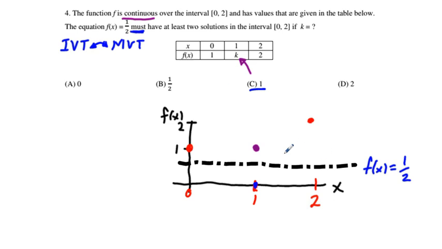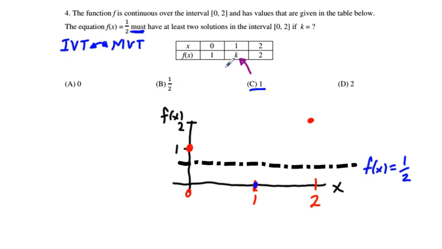But if k equals 1 is one of the points there, we know that we would have to go through this point here, right? But does going through the point guarantee that we would have 2 or any solutions where f of x equals 1/2? No, it doesn't. So we can try the next thing.